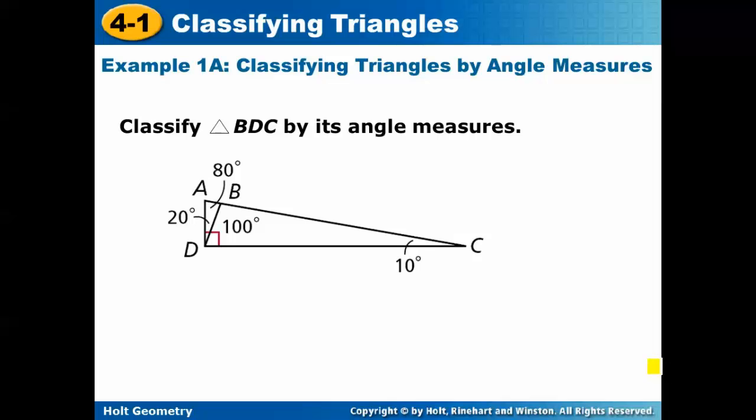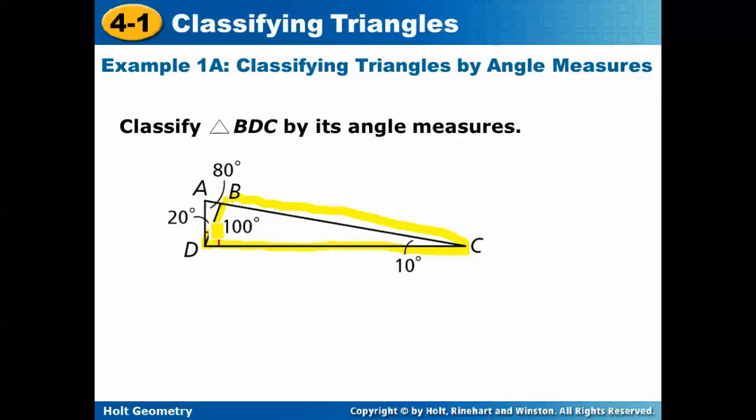So when we look at examples of how to classify triangles with angle measures, what we're given here is to classify the triangle BDC. So we're going to look at BDC in terms of a triangle. We're given some information here, and we can see that we have a right angle here at D. We have angle A is 80 degrees.